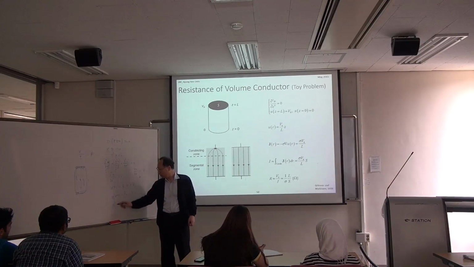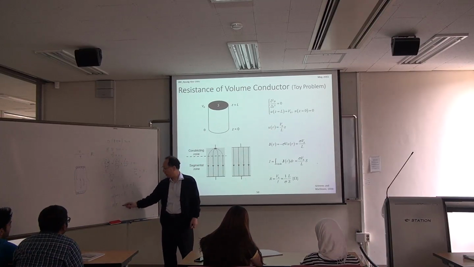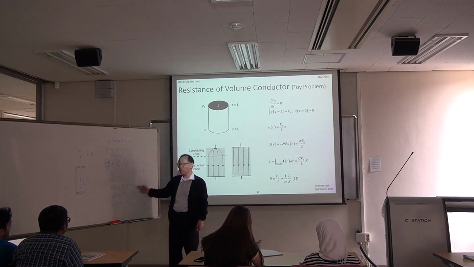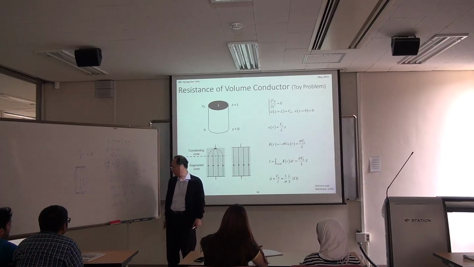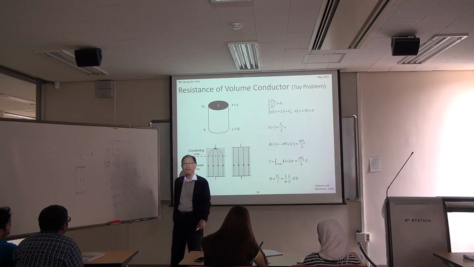And at z equals L, U equals K1 L. What is the value of this? It is V0, which is a given value. So what is K1? V0 over L.